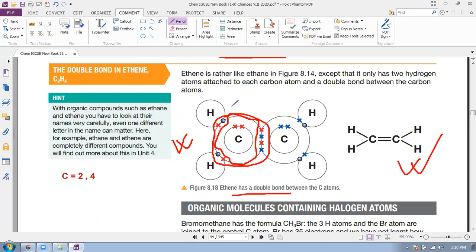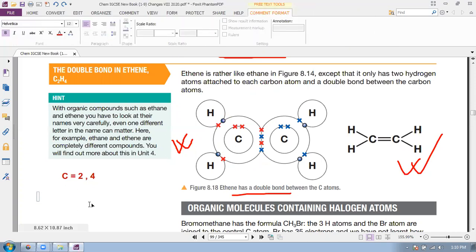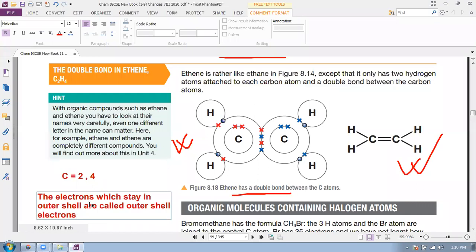So the electrons which stay in outer shell are called outer shell electrons. You understand? The electrons which stay in outer shell are called outer shell electrons. Okay.